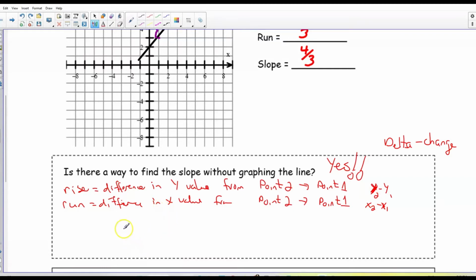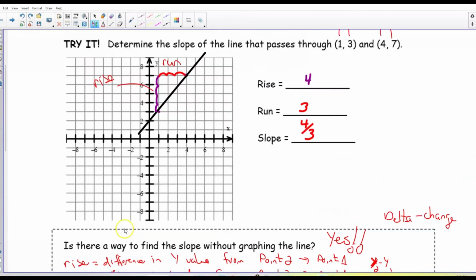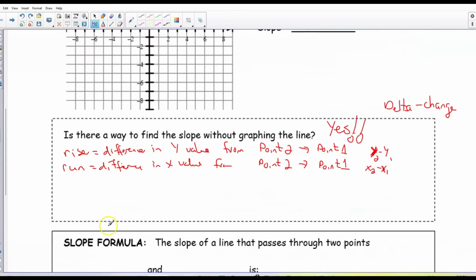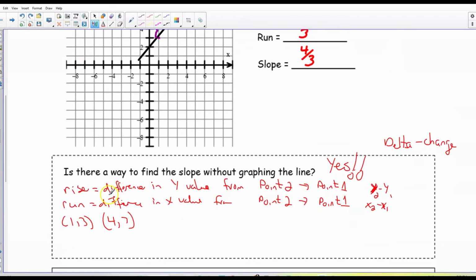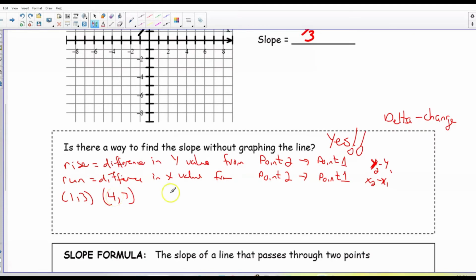Well, we know that our points that we used, we had 1, 3, and we had, I think it was 4, 7, if that's what I recall from up above. Yep. So we could look at it this way as what's the change in y value? Let me change my colors while I'm at it.